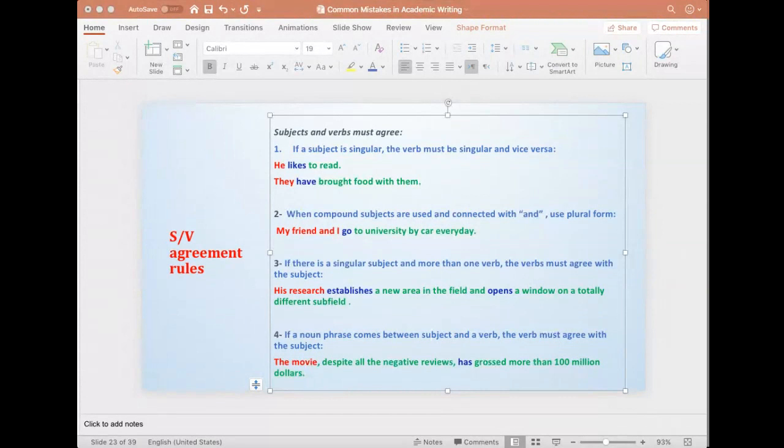All right, in sentence 3, percentage is singular, so we should use has. Okay. Where is sentence 3? This one? Oh, the previous one.